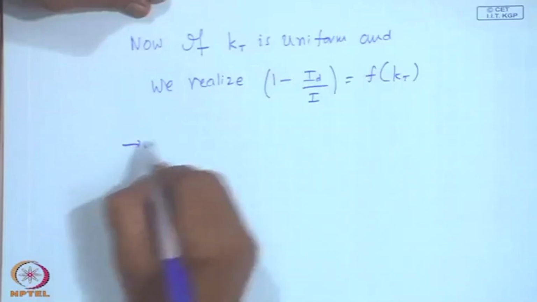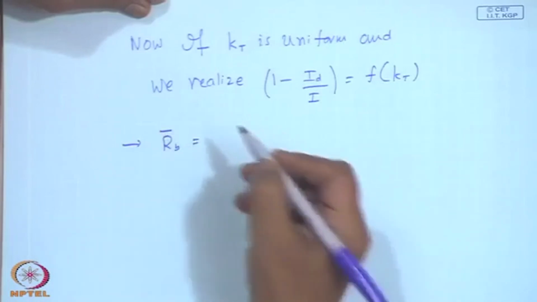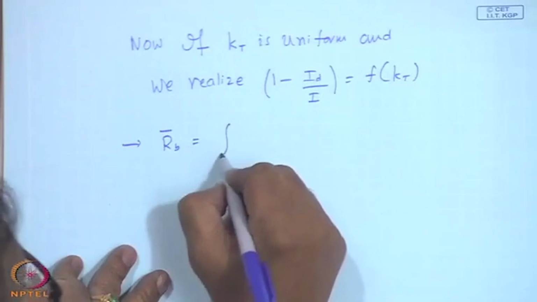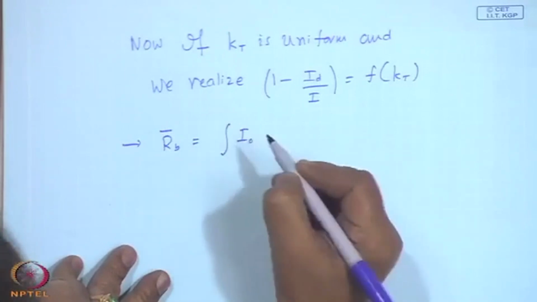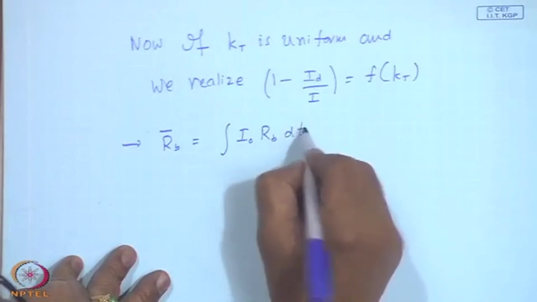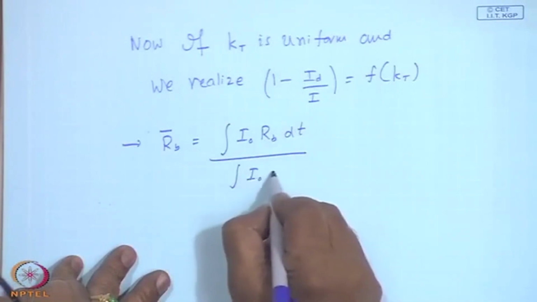If that is so, my Rb bar will be simply I0 Rb dt by I0 dt.